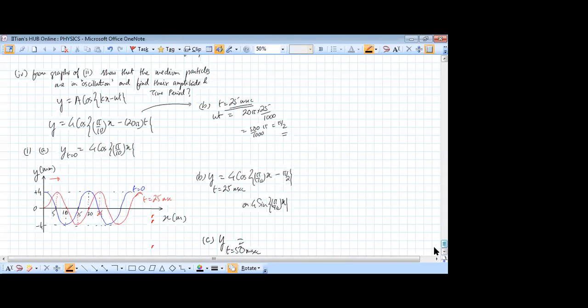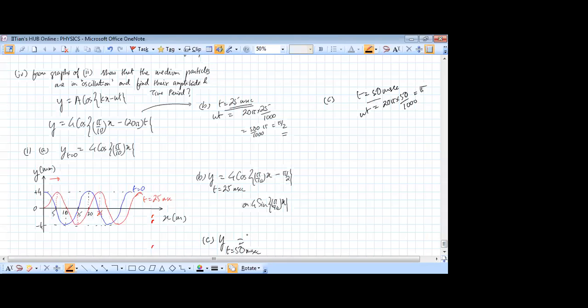Okay, so you will see that for the C part, at this time of 50 milliseconds, the omega t term, 20 pi into 50 milliseconds, will become pi.